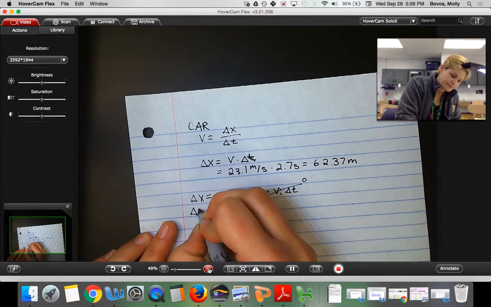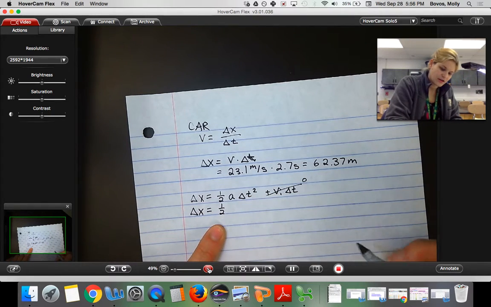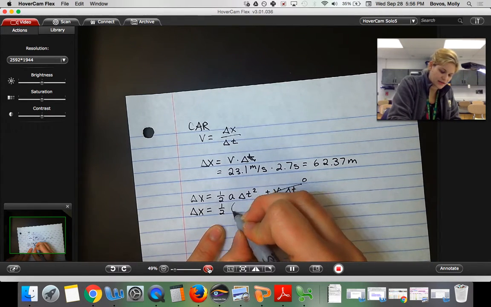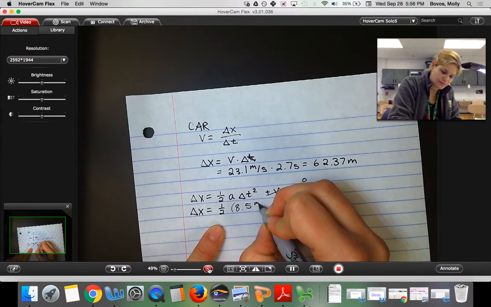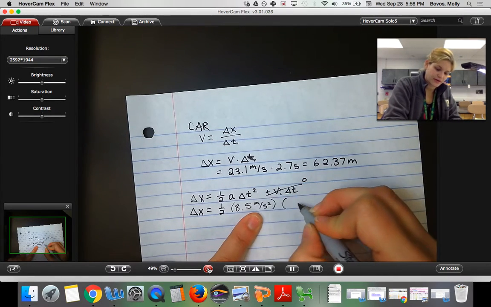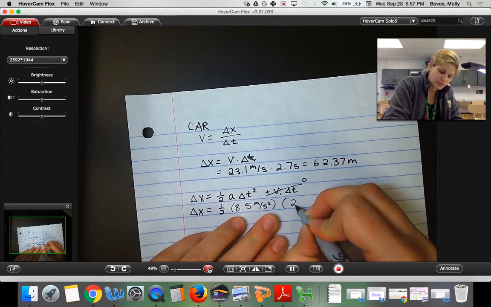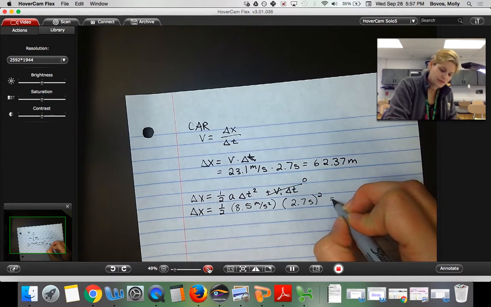Delta x is equal to 1/2 times my acceleration. That was the 8.5 meters per second squared. And then times my time squared, so that's going to be the 2.7 seconds. That's going to be squared. Let's see what we get.